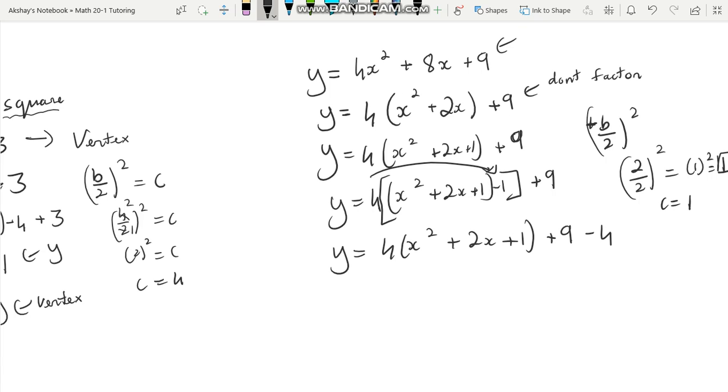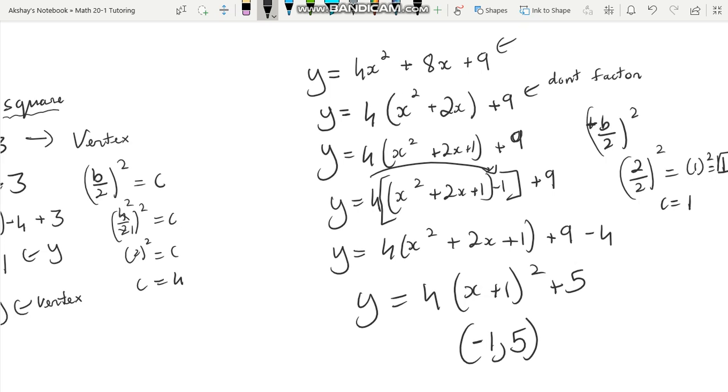So again, when I'm taking out a term from my function, I have to times it with the coefficient that I have before I can bring it to my last term, which would be 9 in this case. So I have 4 times x plus 1 squared plus 5, and now I know my vertex. The opposite of my p is negative 1, and my y value is 5. So that was completing the square.